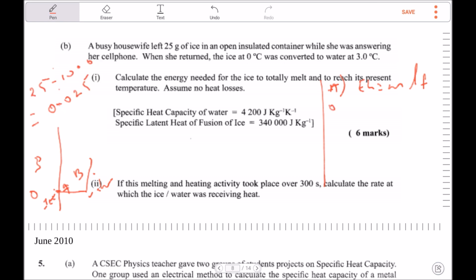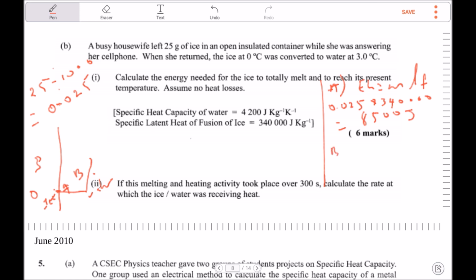So the mass is 0.025 times the latent heat of fusion of ice, and we get 8,500 joules.